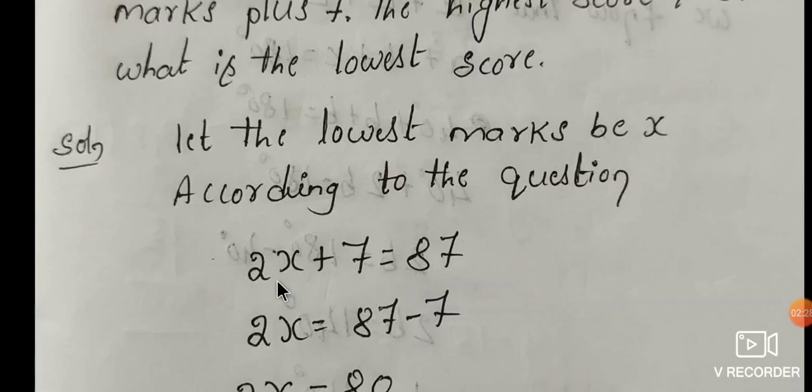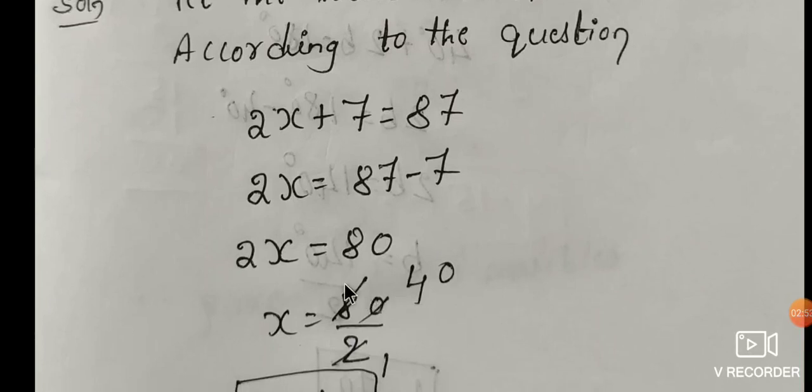By using this equation, we should find the value of this unknown variable, that means the marks of the lowest score. First we should shift this plus 7. If we shift this plus 7 from the LHS to the RHS, then it becomes minus 7, that is 87 minus 7. So 2x is equal to 87 minus 7, which is 80.